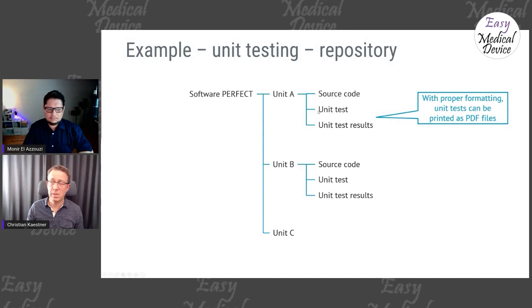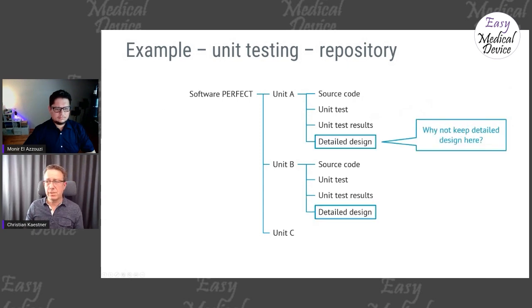And you have unit test results. All this information is there, so you could just leave it there. It's still documented because it's there. And then you could decide what proper formatting you need. If you get asked to print it, you could format it and make it a PDF document.